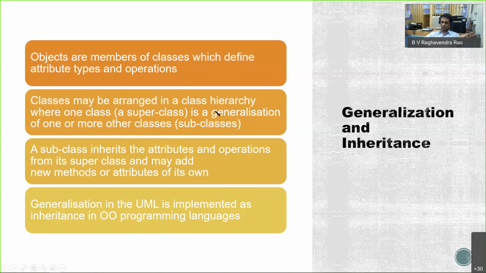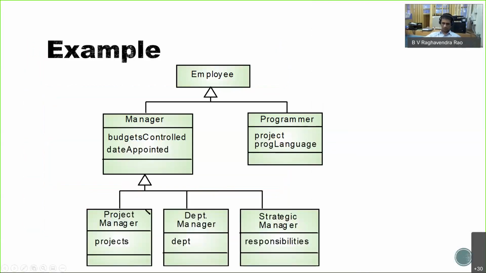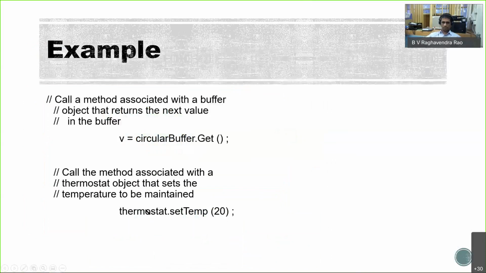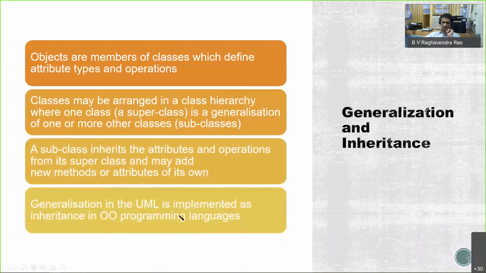That means one class is inherited, so it derives from one or more classes. Generalization is the terminology used for inheritance in the UML as well as the OO research community.